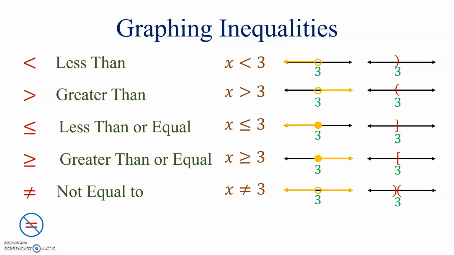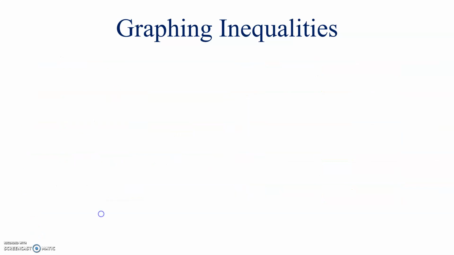So again, we're transitioning to alternative ways of graphing. Instead of open and closed circles and shading in one particular direction, we have the different parentheses and brackets. So let's look at a couple situations. If we had x is less than 5 and x is greater than 5.